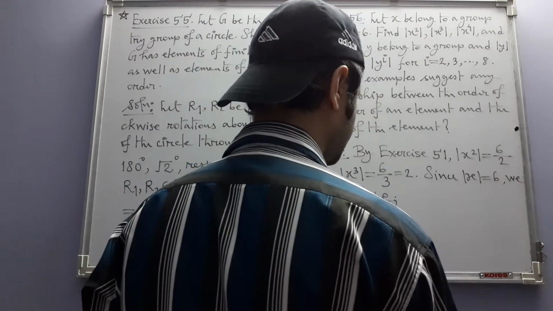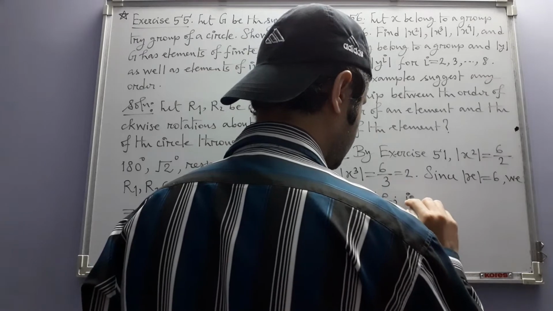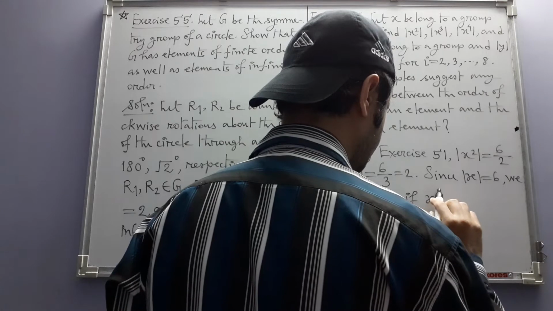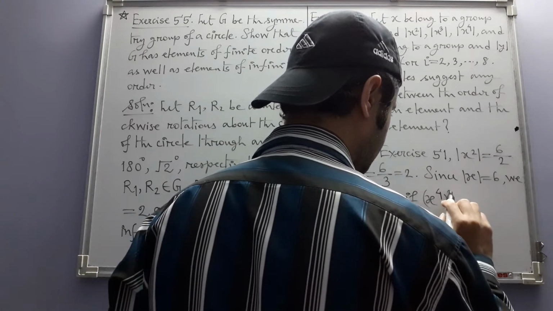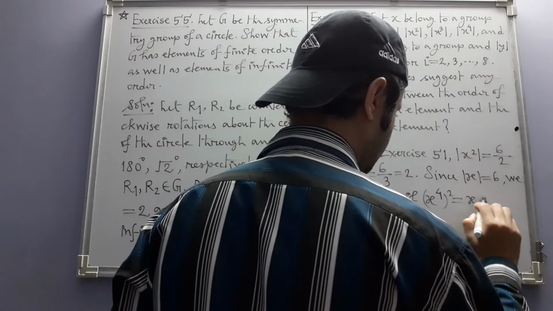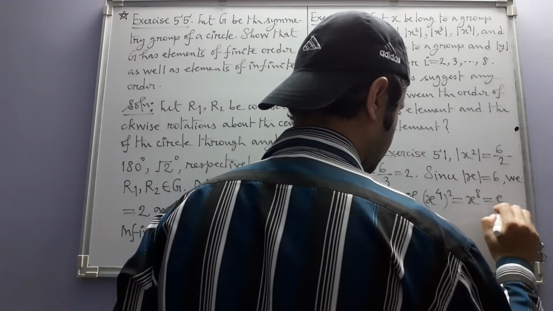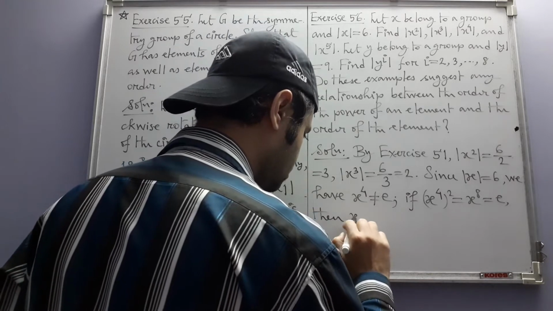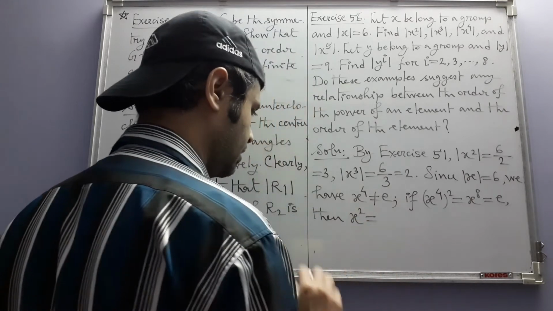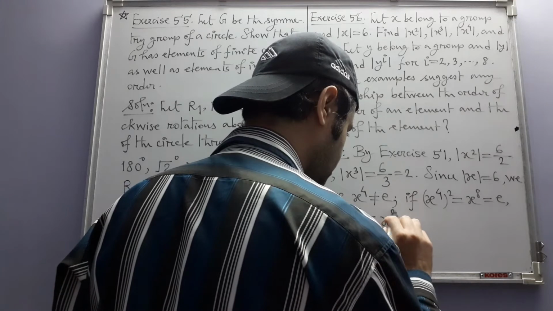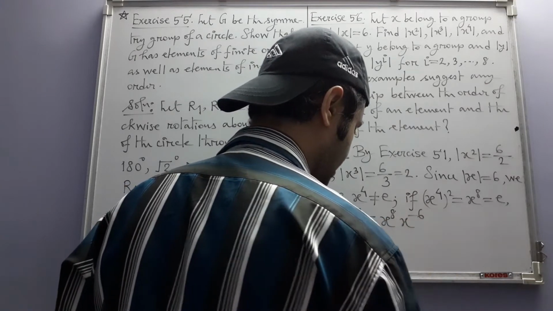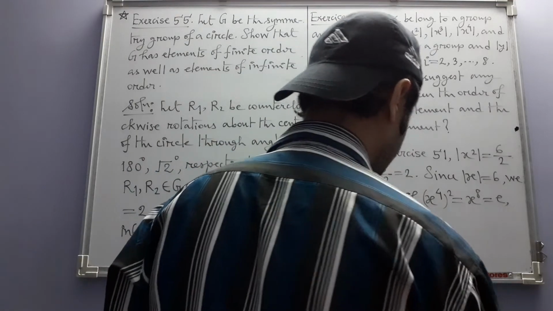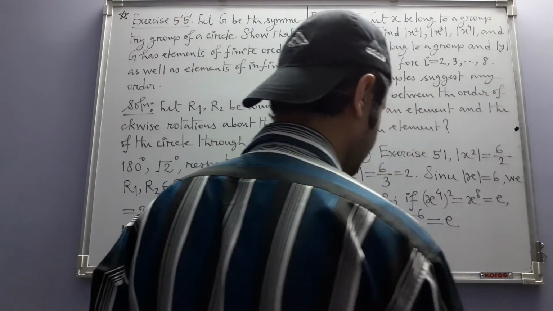Now what happens if the second power of X to the power 4 becomes equal to the identity? Then X squared, that can be written as X to the power 8 times X to the power minus 6 by the rules of exponent, is equal to identity.